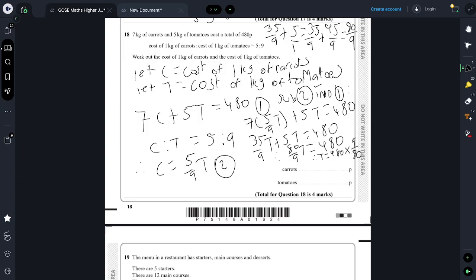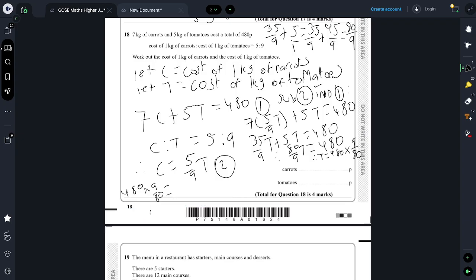Well, 480 times 9 over 80. Does the 80 cancel with this? Let's have a look. 80, 160, 240, 320, 400, 480. Yes, 80 does go into 480, and it goes 6 times.